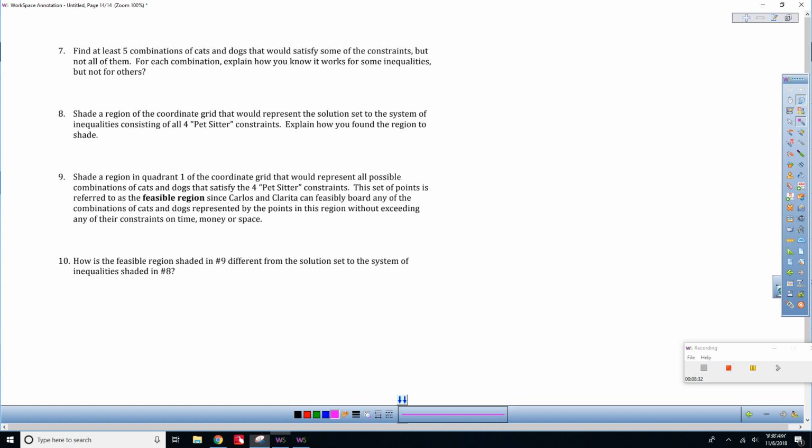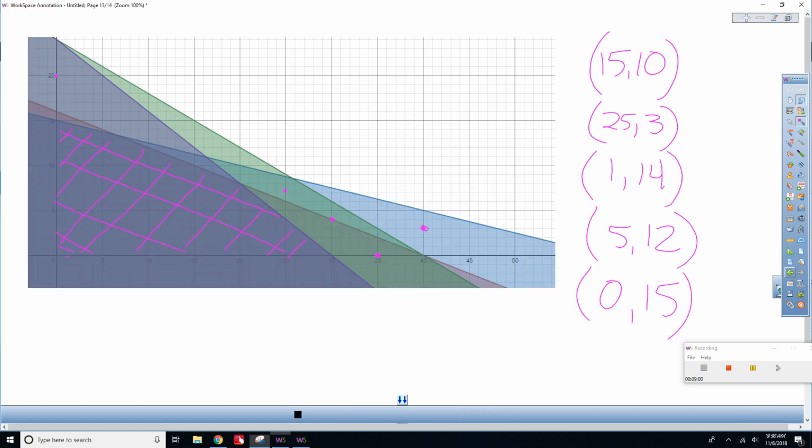Okay, I think we've done number 8. We've talked about number 9 as the feasible region. The difference between 8 and 9 is that 9 only takes into account the feasible problems.